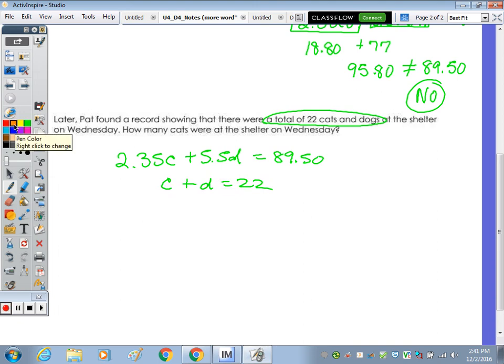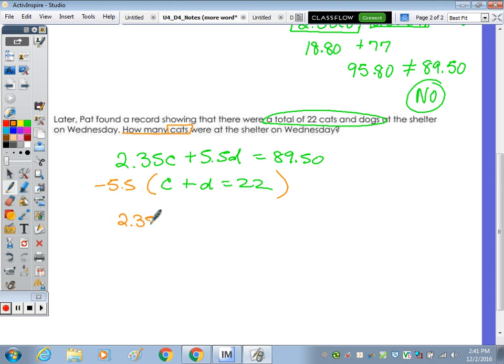The question says, how many cats are at the shelter? So we don't have to solve for D, so don't do more work than you have to. We need to do what with D to find C? Eliminate it. So if I want to eliminate D, what would we multiply this equation by? 5.5 and a negative so that it has the opposite sign.